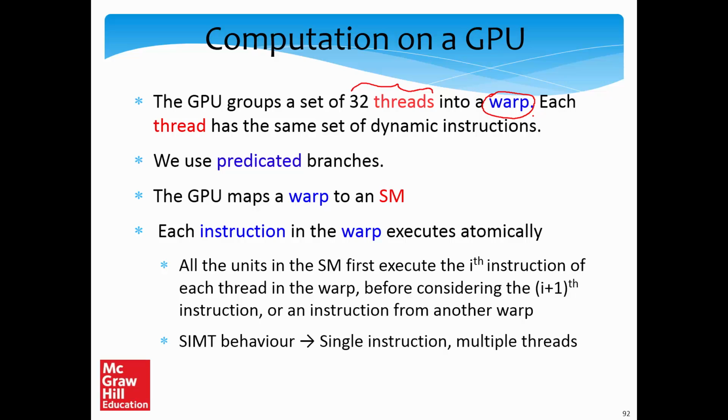And each thread has the same set of dynamic instructions. This is exactly SIMT, which means the instructions are exactly the same for all the threads. So for all 32 threads, the instructions are exactly the same, even though the data is different.